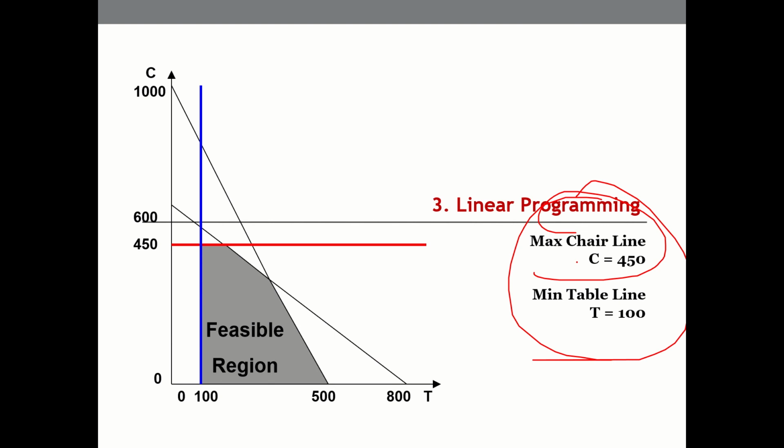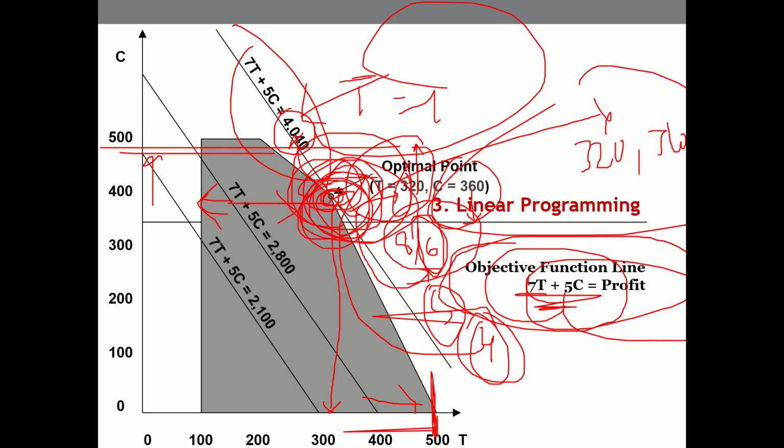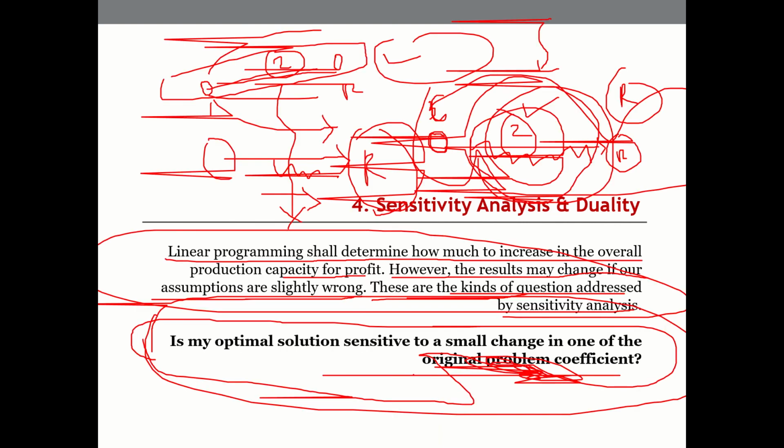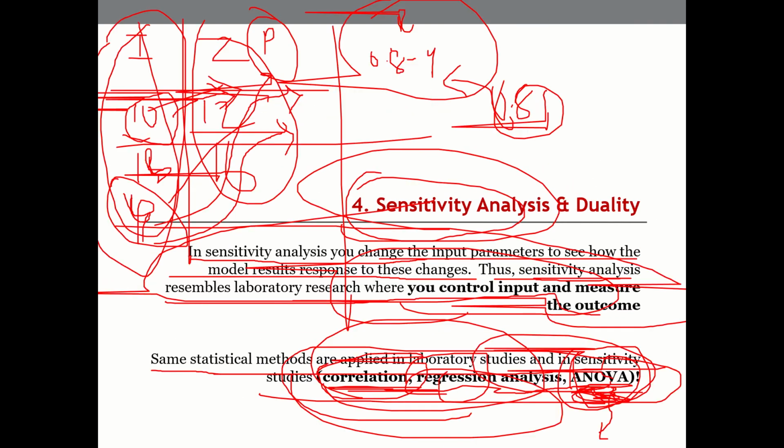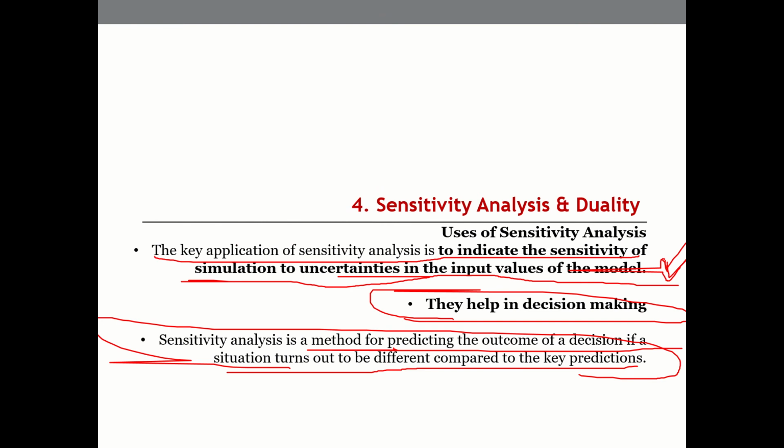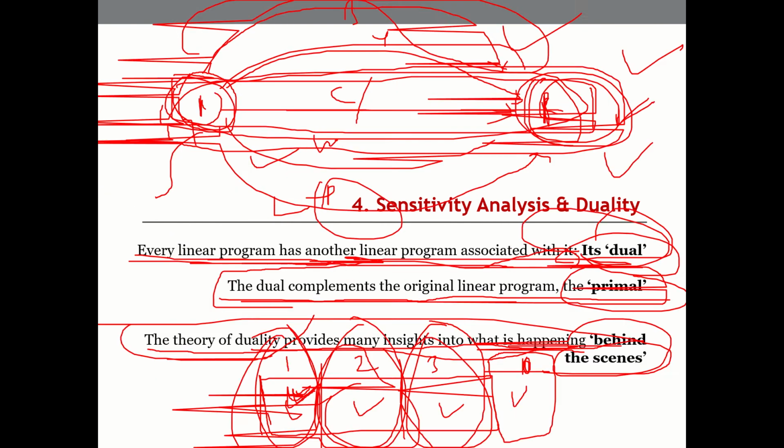For example, in this case it was 450 chairs and 100 tables, so either we can increase this or decrease this, but still we will be able to achieve the maximum profit. That means there are other alternates as well to achieve it. Those things are called duality.